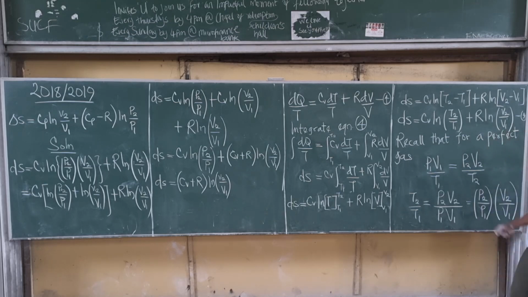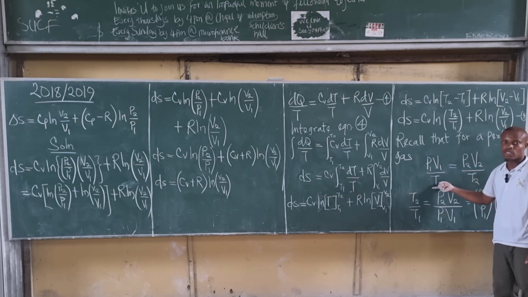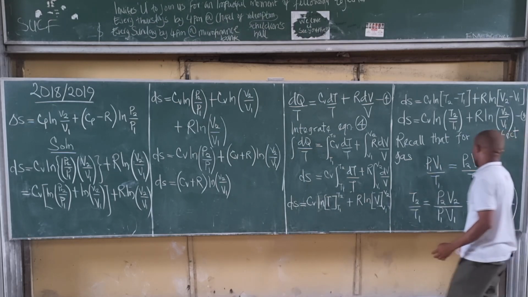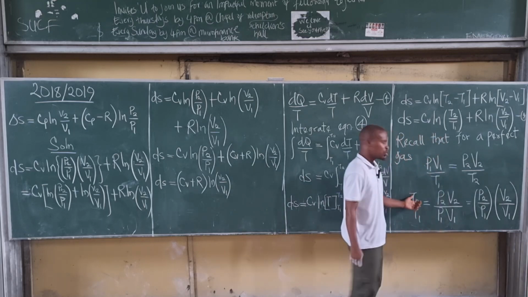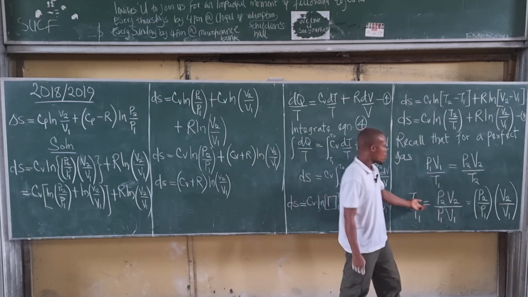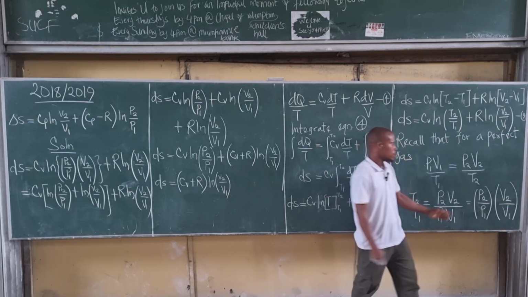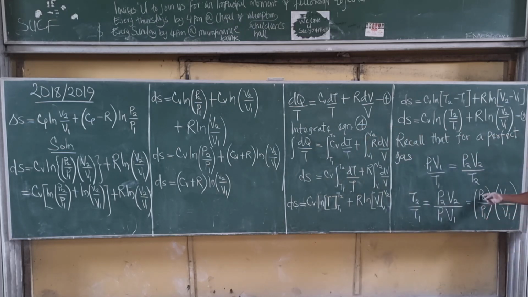Now, recall that for a perfect gas, P1 V1 over T1 is equal to P2 V2 over T2. Rearranging this, we get that T2 over T1 equals P2 V2 over P1 V1, which is the same thing as saying P2 over P1 multiplied by V2 over V1.